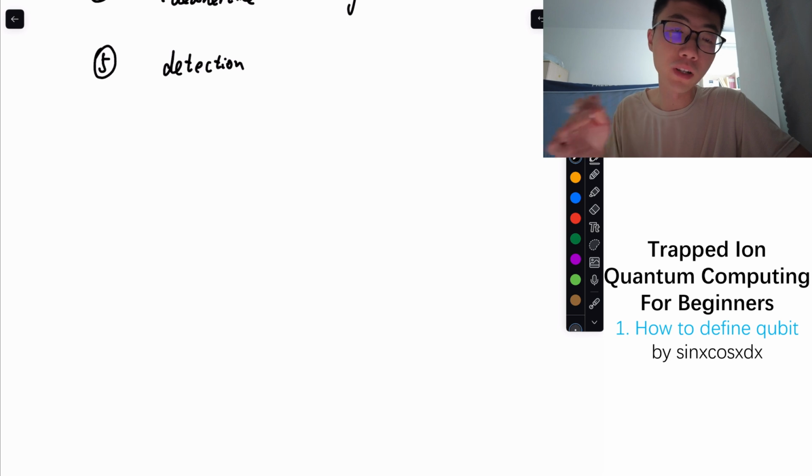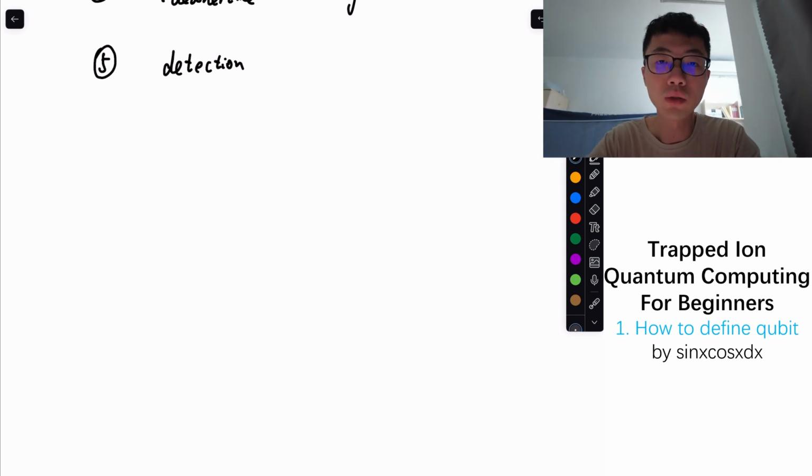Everybody has calculated this energy structure in the quantum mechanics class, and we want our ion to have just one electron in the outer layer.